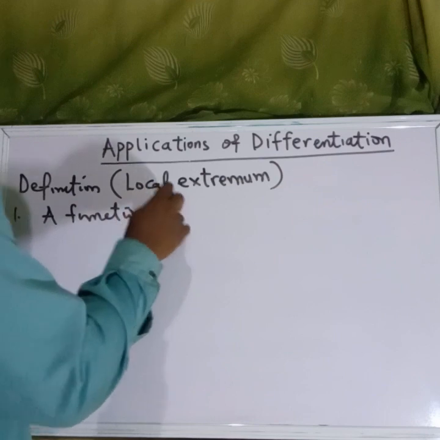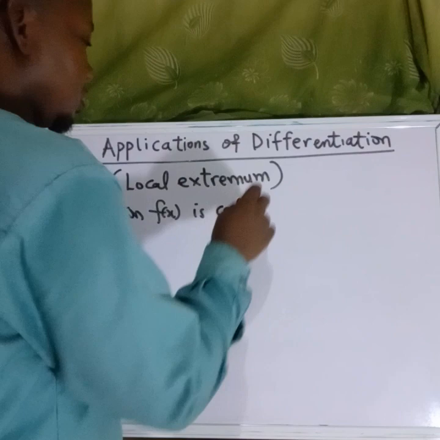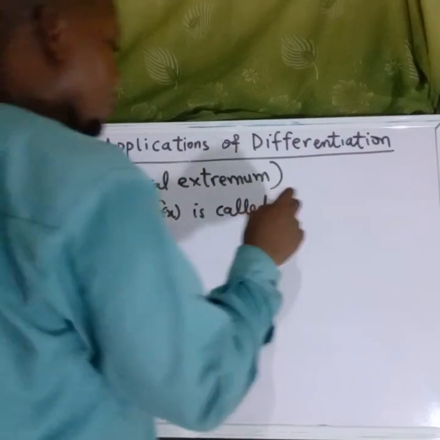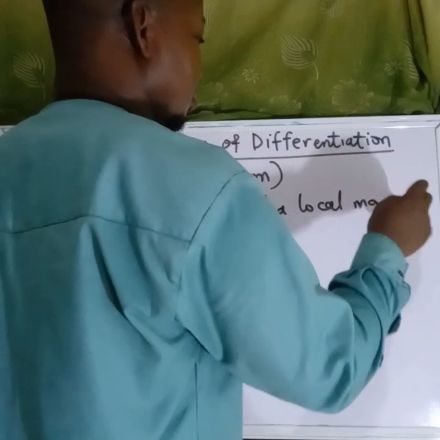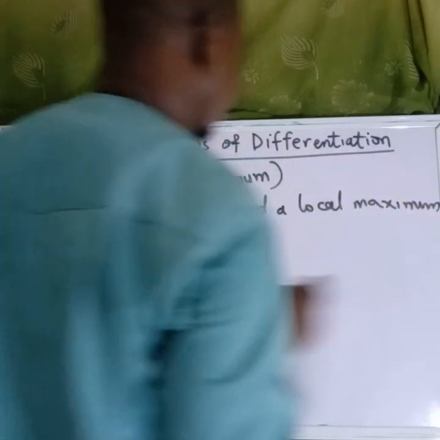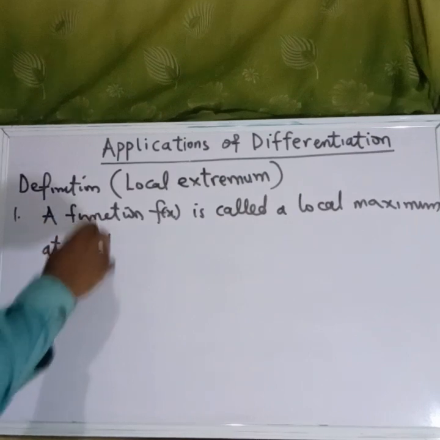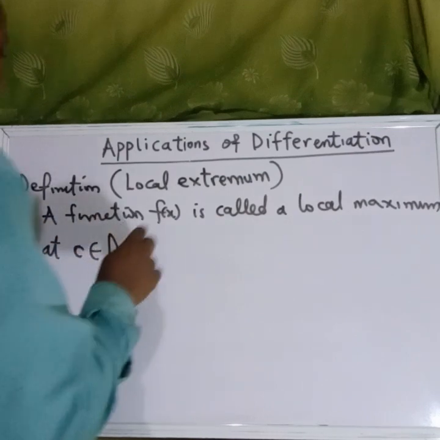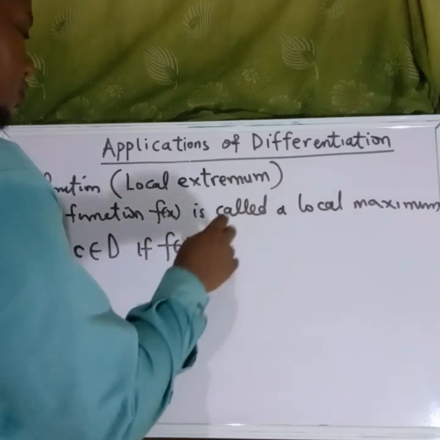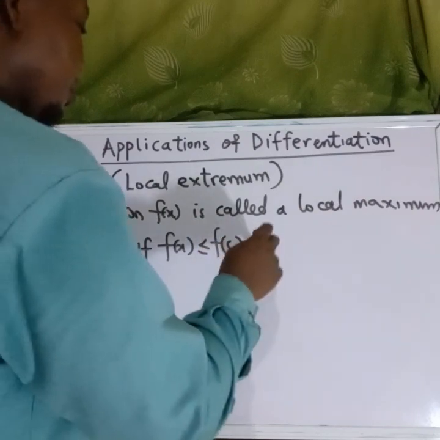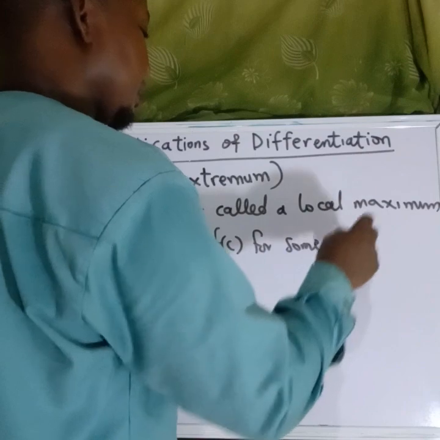f of x is called a local maximum at c in the domain if f of x is less than or equal to f of c for some x in the domain.